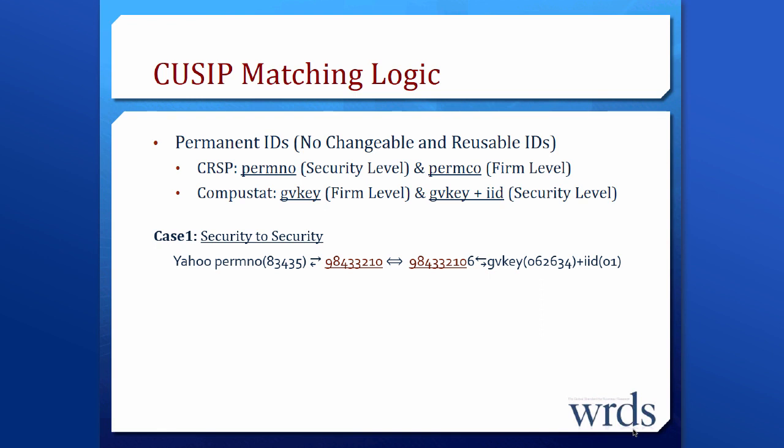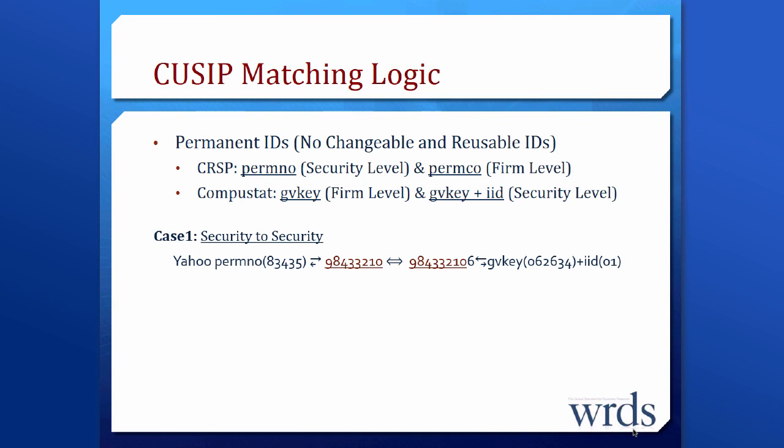The first case is pretty much the logic I'm going to use for demonstration purposes. So for Yahoo, PERMNO, which is assigned as A3438, is linked to a particular CUSIP 9843310. Another difference between CRSP and Compustat is that Compustat uses a 9-digit numerical and alphabet character CUSIP, but CRSP only uses the first 8 digits or characters.